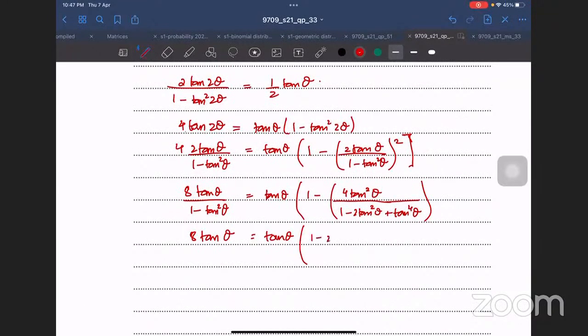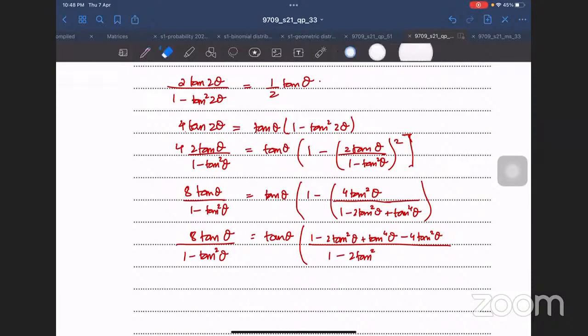Okay, taking a common denominator gives me, there's a small mistake that I might have made, and it's going to lead to an issue later on.